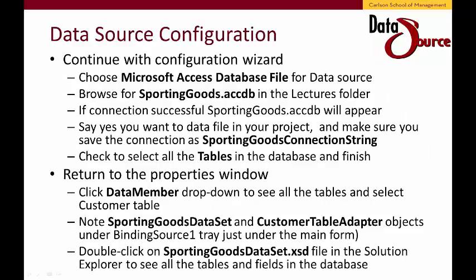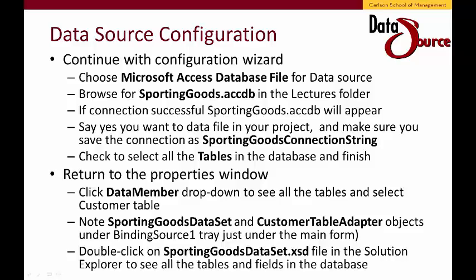So what we're going to do is go through the configuration wizard, and one of the steps is going to be creating a new connection to the Microsoft Access database, sportinggoods.accdb in the lectures folder specifically. And after the database connection is successful, we will save the database connection string.